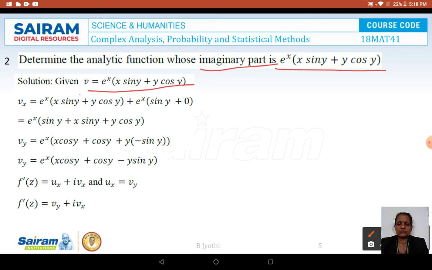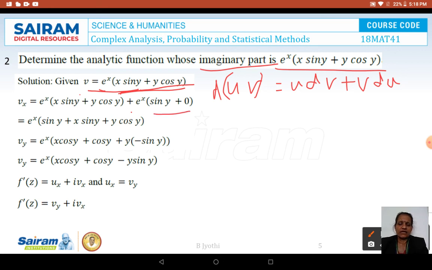Differentiate with respect to x. When we differentiate with respect to x, we have to apply the product rule, u into v. What is the product rule here? uv rule, u dv plus v du. So, e power x into derivative of this, x into sin y, that is sin y of 1, and y cos y will become totally 0.